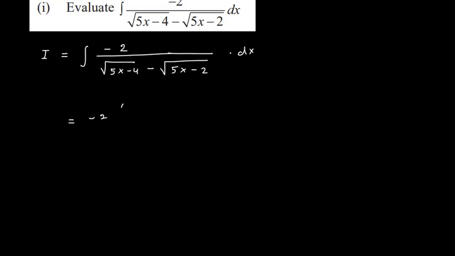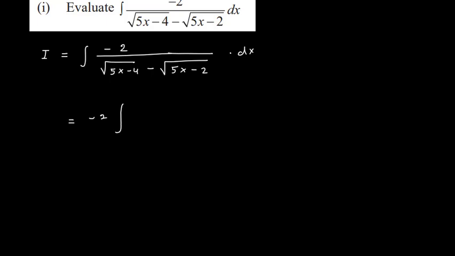It is your choice, you can write I or you can directly write this problem. So it is minus 2 divided by root of 5x minus 4 minus root of 5x minus 2 into dx. So I said that first we will rationalize. This minus 2, if you want you can take outside also.